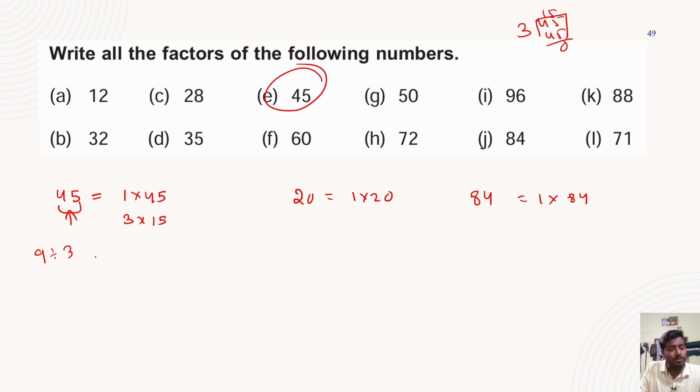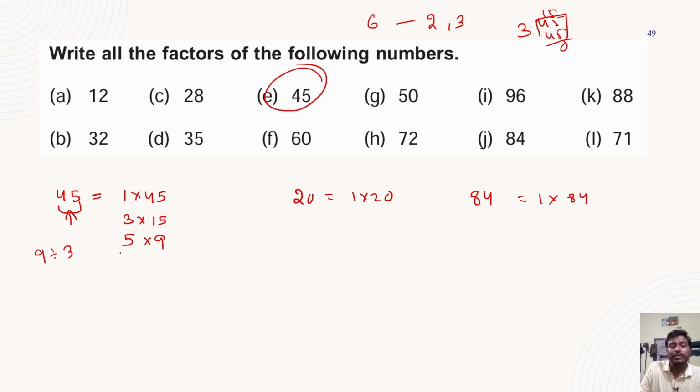Now, after 3, you check 4, then 5. 5 into 9. Then the rule of 6: remember that if the number is divisible by both 2 and 3, then it is divisible by 6. But this number is not divisible by 2, so it is not divisible by 6.